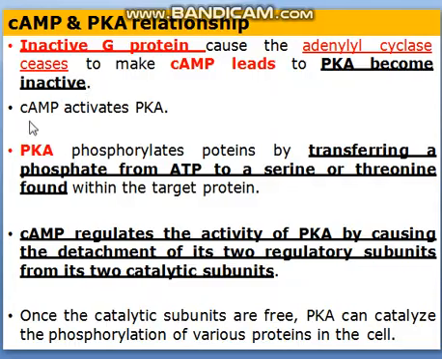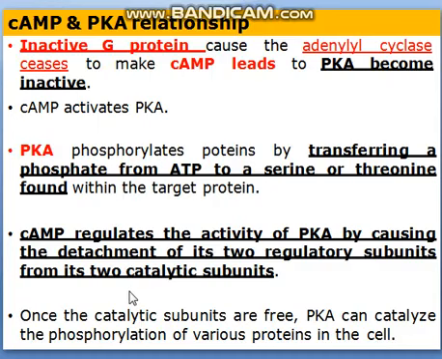So cyclic AMP is the molecule that activates protein kinase A. This protein kinase A will phosphorylate, and the phosphate will be transferred from ATP to serine or threonine found within the target protein, right? These are specific amino acids that are responsible for that conversion.